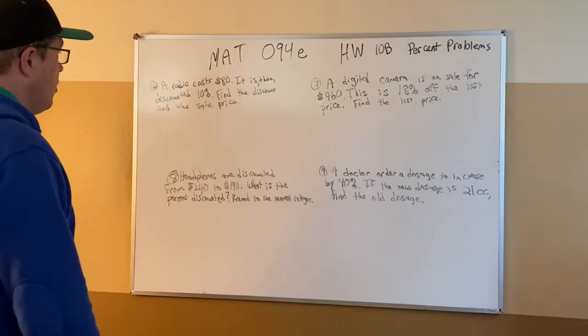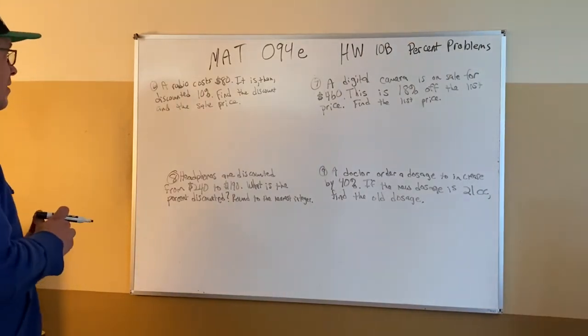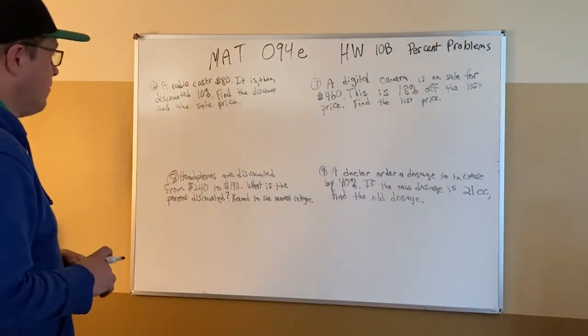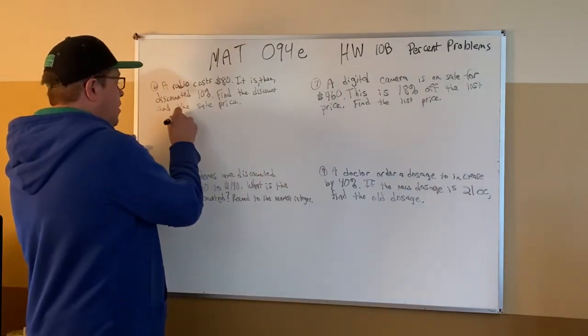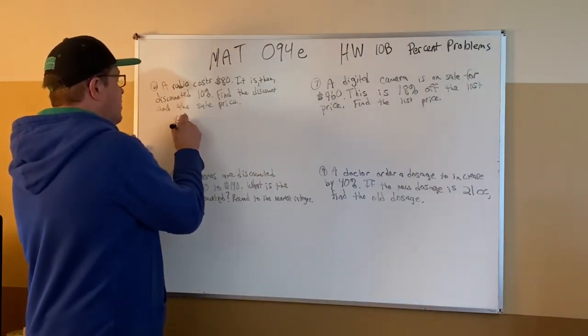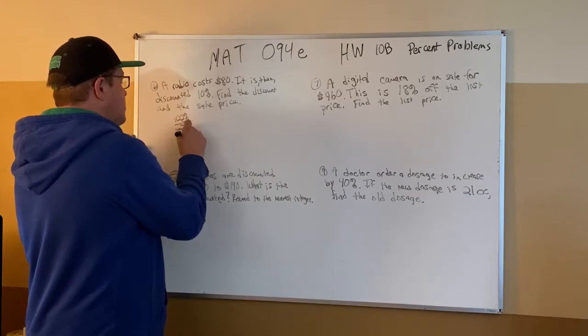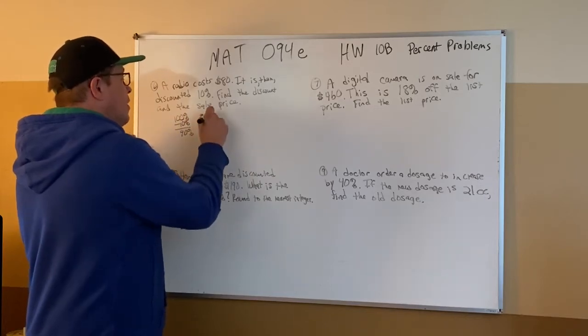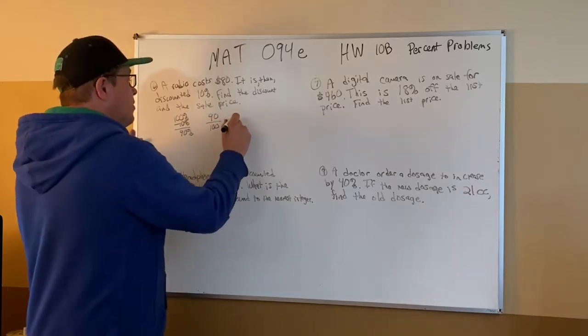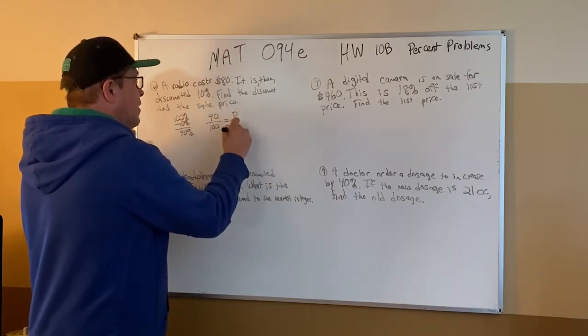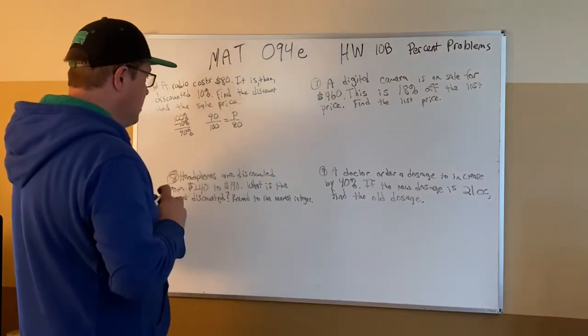Okay, so the radio costs $80 normally, and then it's discounted by 10%. Find the discount and find the sale price. So we're knocking 10% off, so we're going to go ahead and take 100% and subtract 10% to find 90%. And therefore we have 90 over 100 is equal to the price we're going to have to pay instead of $80, which is the old standard price.